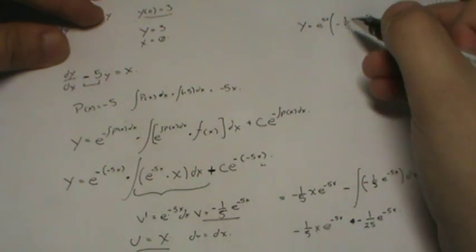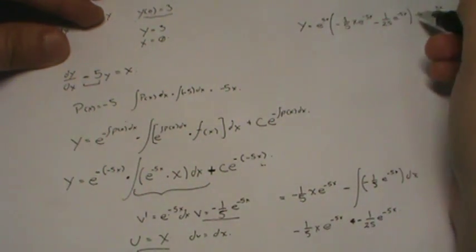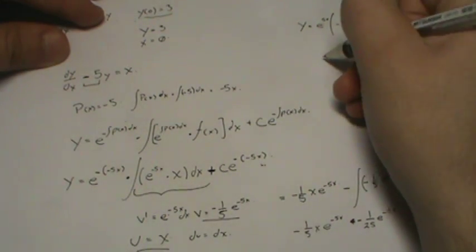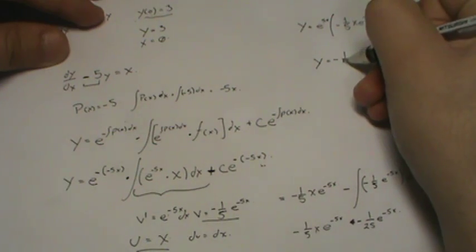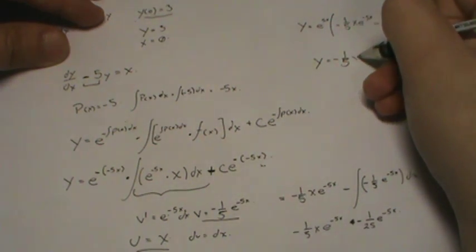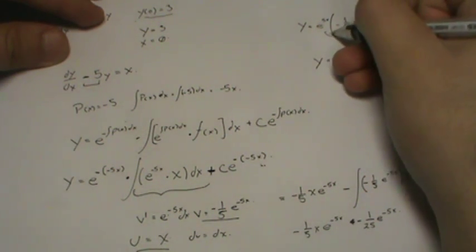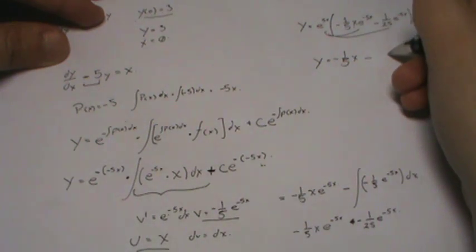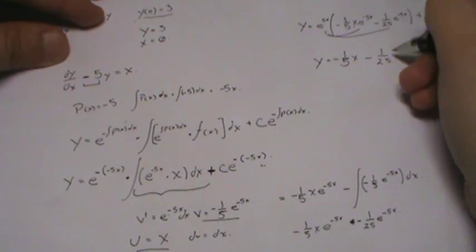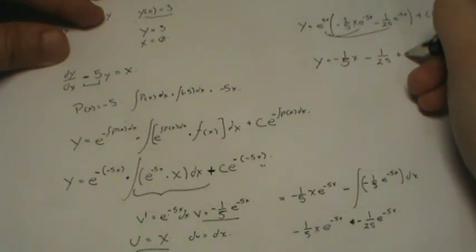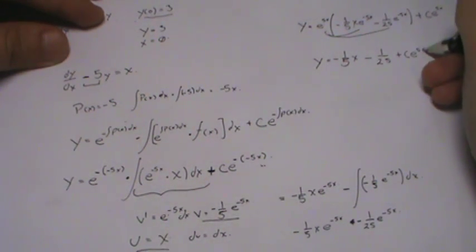Now this one will cancel this one, and therefore we will have that y is equal to minus 1/5 of x for this term, and for this term we will just have minus 1/25, nothing more, plus c e to the 5x.